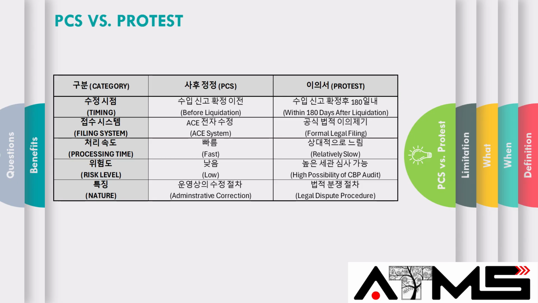The purpose of PSC is to correct errors, while the protest is to challenge a CBP decision. In simple terms, PSC is an operational correction process, while protest is a legal dispute procedure.